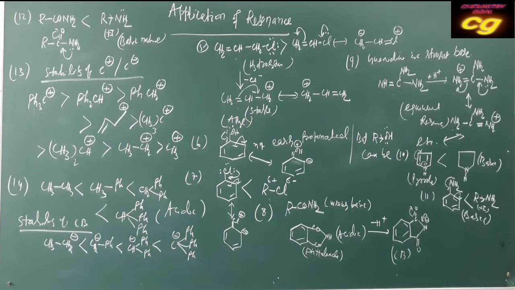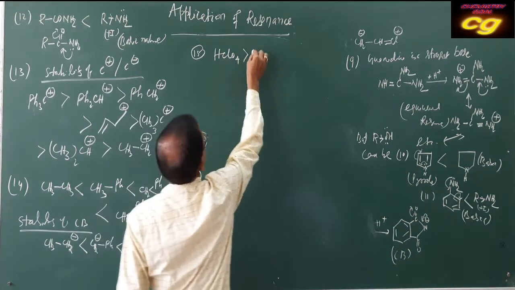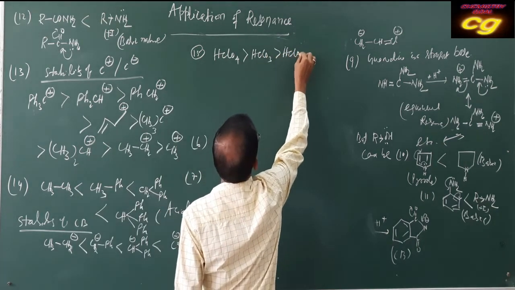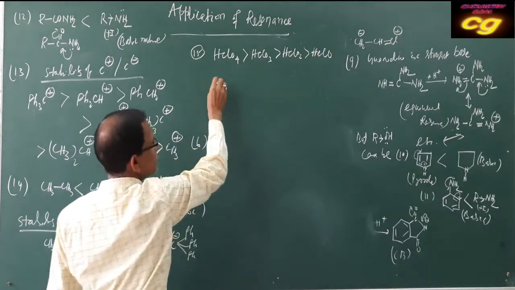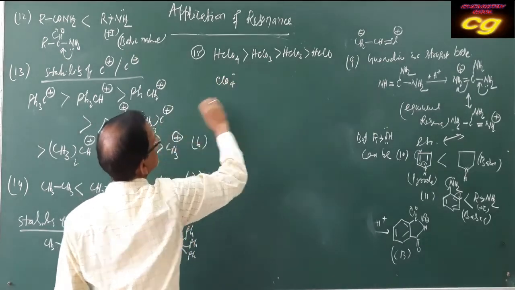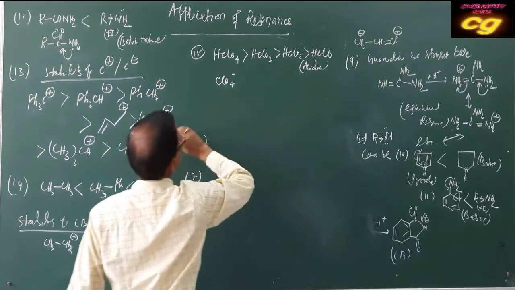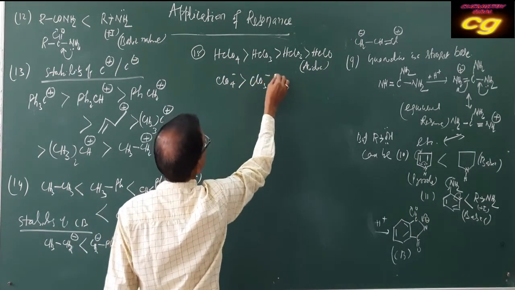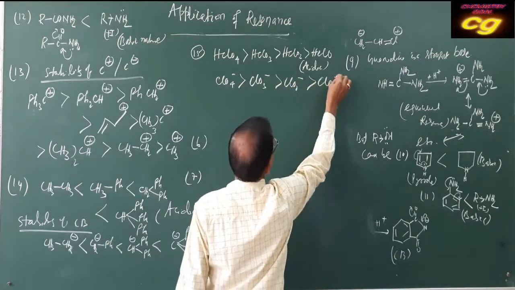But one thing I want to tell you, HClO4, perchloric acid, is more acidic than HClO3, then HClO2, then HClO. Because if you see the conjugate base, that is ClO4 minus, this is the acidic nature, and this is the stability: ClO4 minus is more stable than ClO3 minus, more stable than ClO2 minus, more stable than ClO minus.